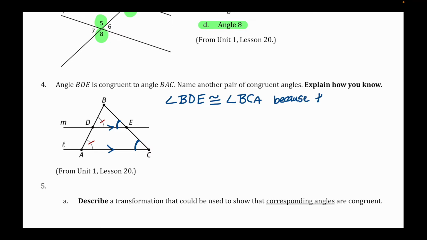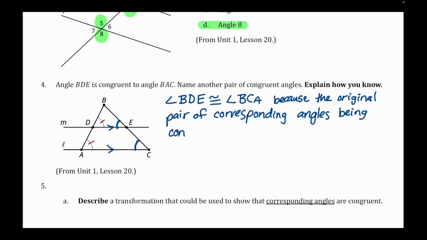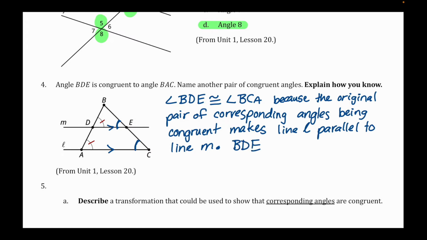because the original pair of corresponding angles being congruent makes line L parallel to line M. And then we can say BDE and BCA are corresponding.